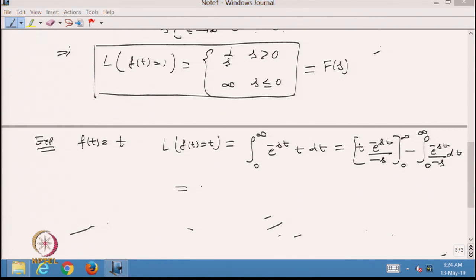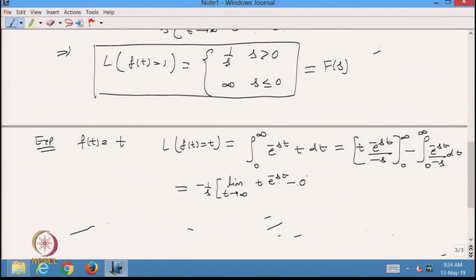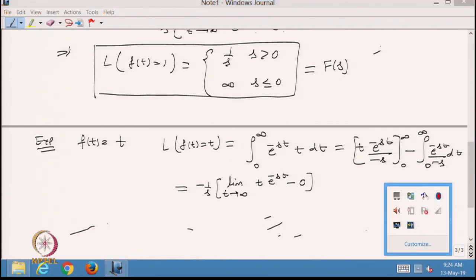Now from here I will get minus 1 by s, which I take common, and here I put the limit t tends to infinity of t e^(-st), minus, and I am putting 0. So, it will be 0, and this minus s I can take outside.